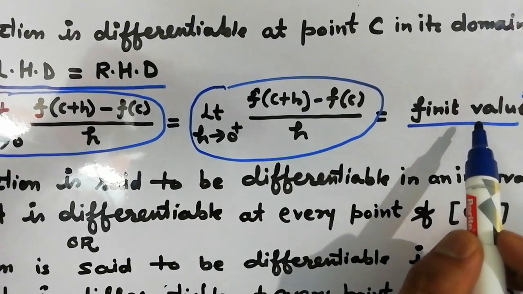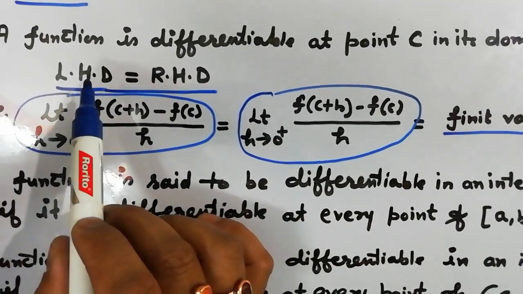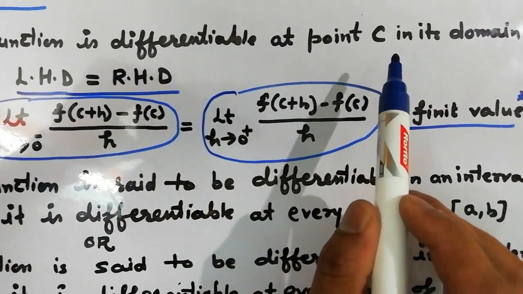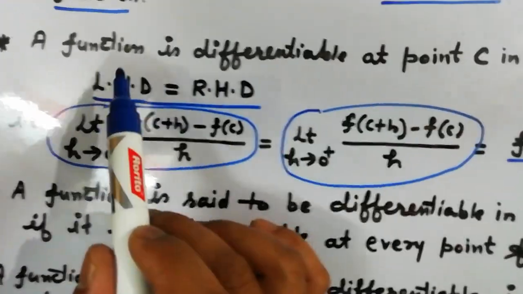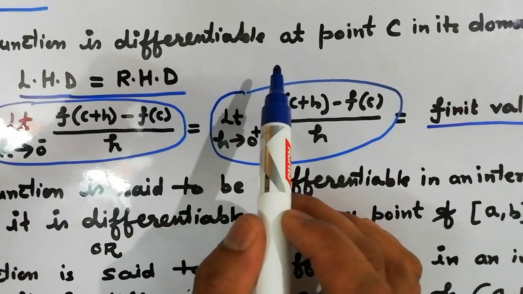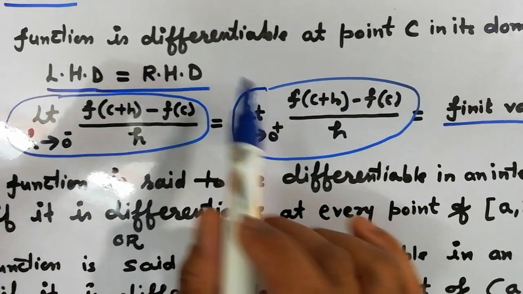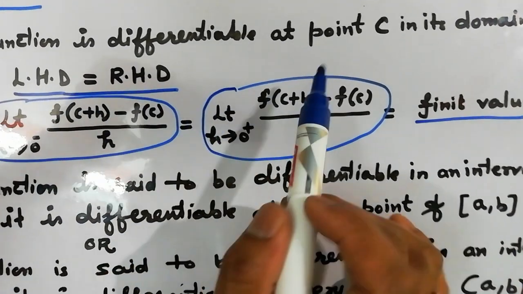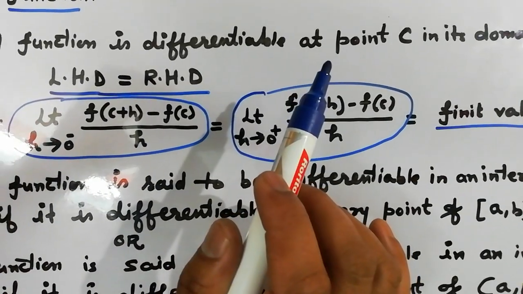Means the function is differentiable at a given point c in its domain if its left-hand derivative is equal to its right-hand derivative and equal to a finite value. Both derivatives should be equal to a finite value, not infinite.